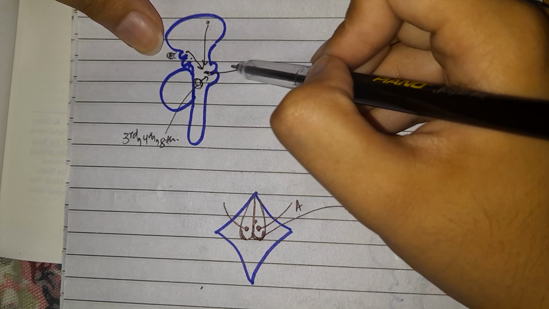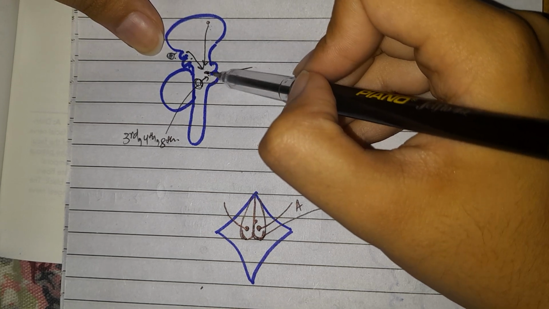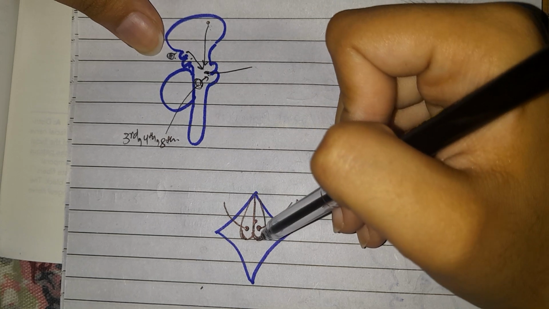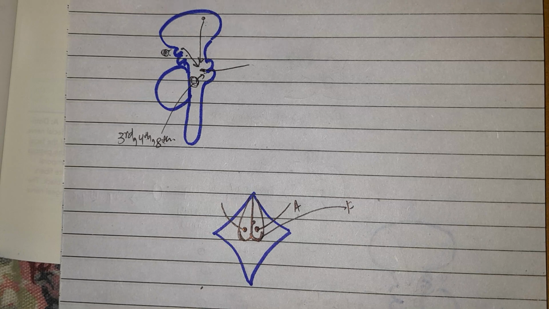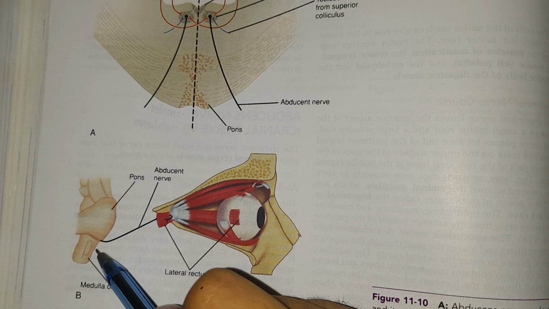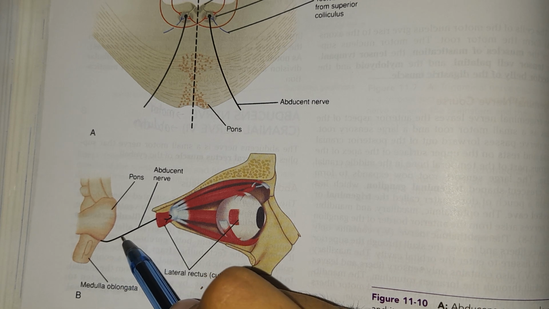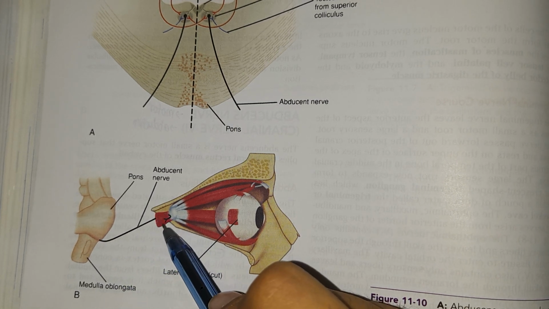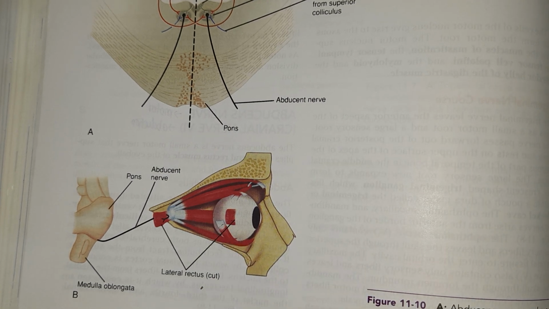From here the abducens nerve is going to come out anteriorly, just between the pons and the medulla at the pontomedullary junction; its nucleus was present posteriorly, but the nerve emerges anteriorly. A little bit lateral view shows the pons and the medulla, and at the junction of the pons and the medulla the abducens nerve comes out, passes through the superior orbital fissure, and supplies the lateral rectus muscle of the eye, which does the lateral rotation as well as the abduction of our eye.